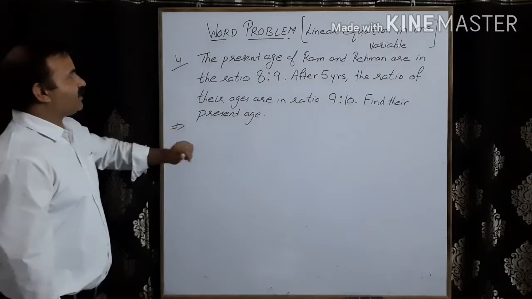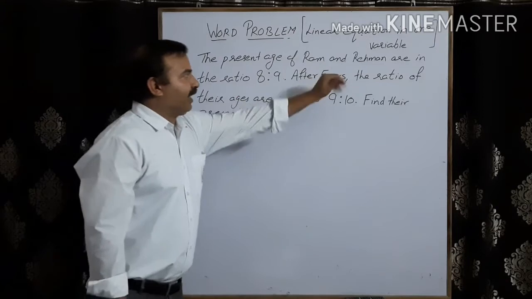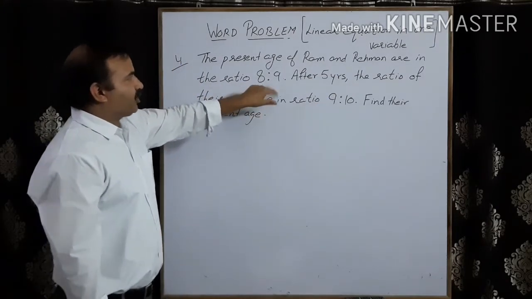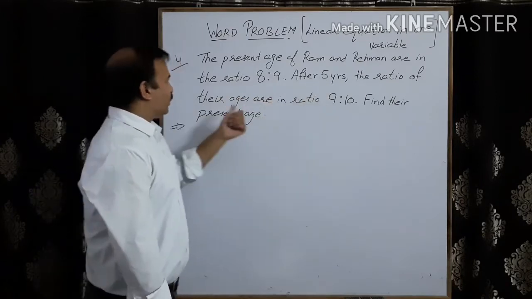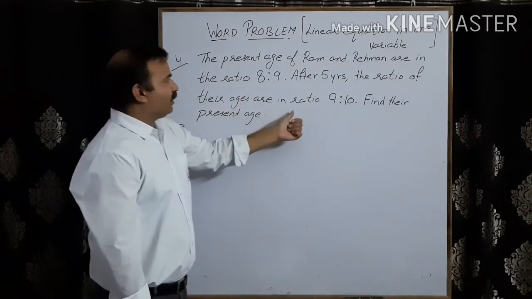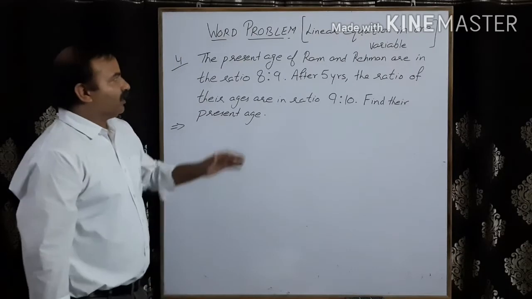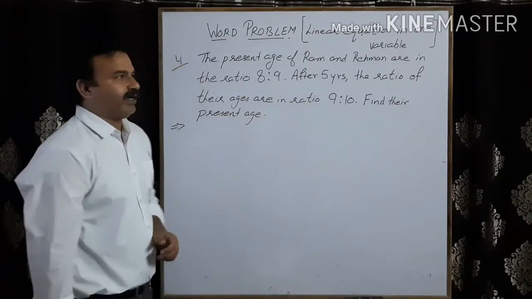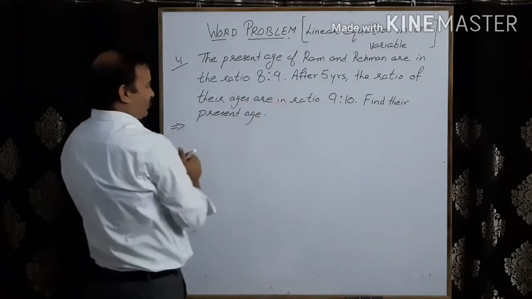Now the next problem says the present ages of Ram and Rahman are in the ratio 8:9. After 5 years, the ratio of their ages is 9:10. Generally students make mistakes in this problem, where two ratios are given. Fine. So this is the present age.